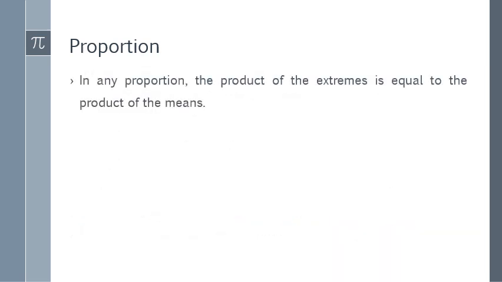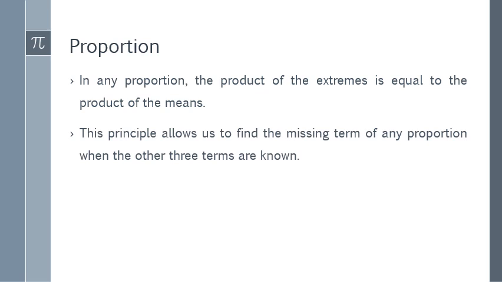Now in any proportion, the product of extremes is equal to the product of means. So if we multiply the extreme values A and D, that will be equal to B into C.